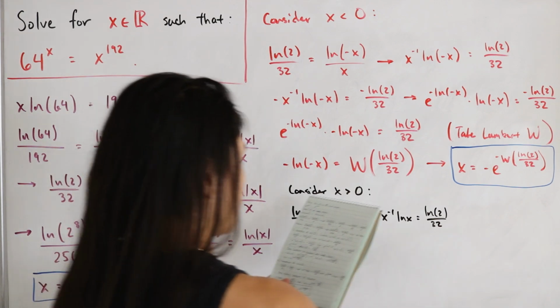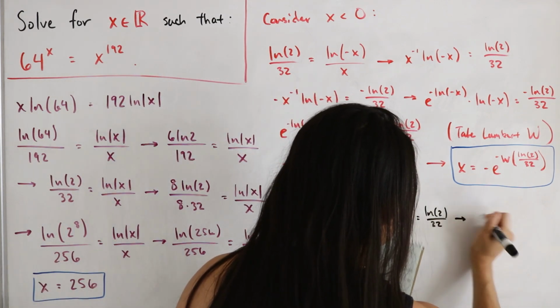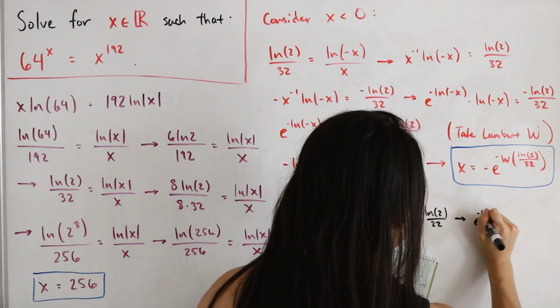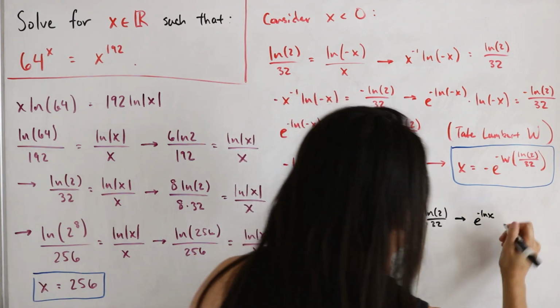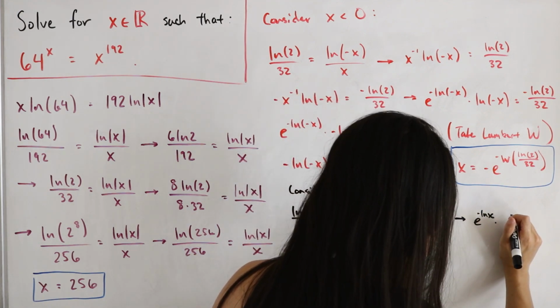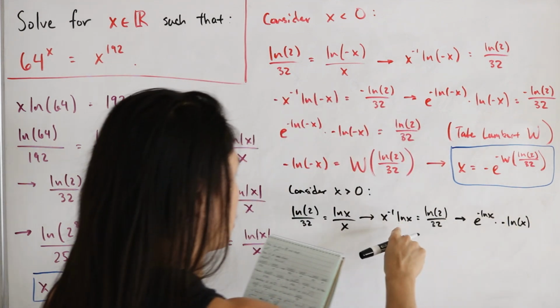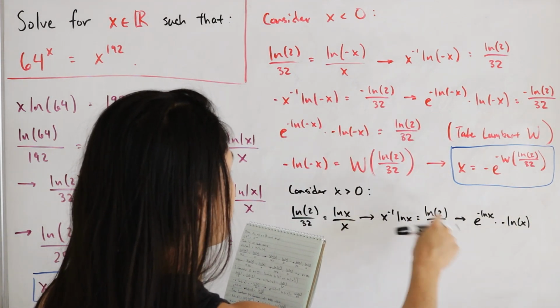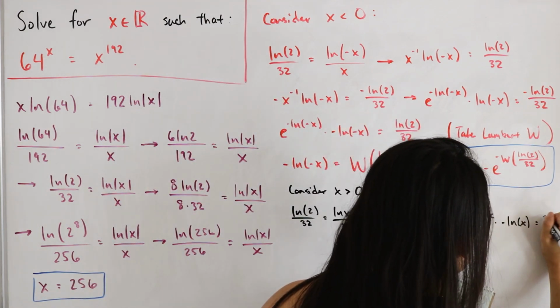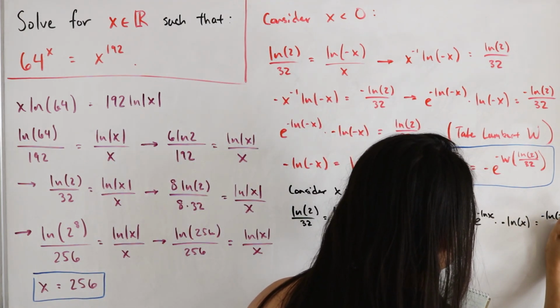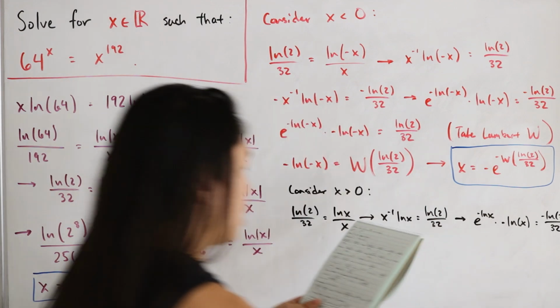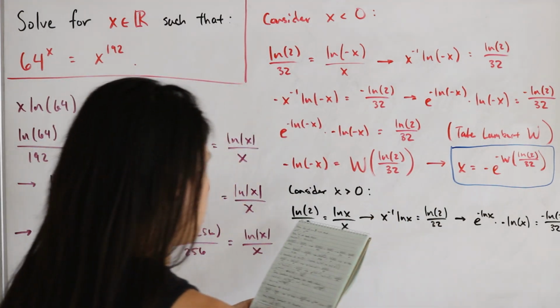And then if you do all the same thing over again, we're going to have that the following can be written as e to the negative ln of x, and then multiply with negative ln of x. Because we want it in that same form, I had to multiply negative to both sides. So then it's equal to negative ln of 2 divided by 32. Then we just take that Lambert W function yet again.